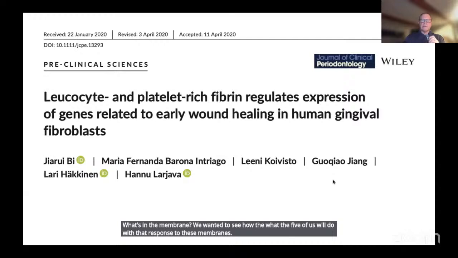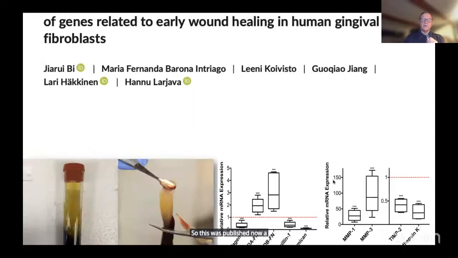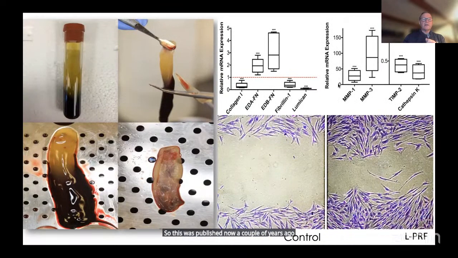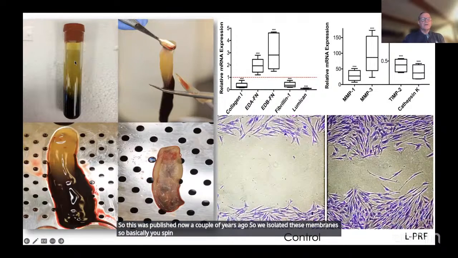So this was published a couple of years ago. We isolated these membranes. Basically, you spin them down by the protocol. You use glass tubes because at least when you are using these for patients, you don't have any anticoagulants. You just put the blood in and you spin them down.